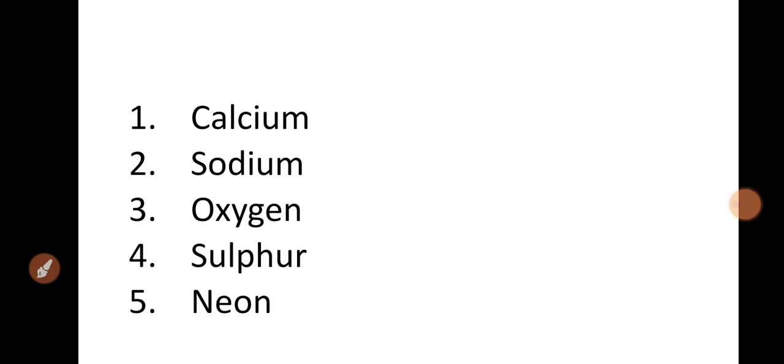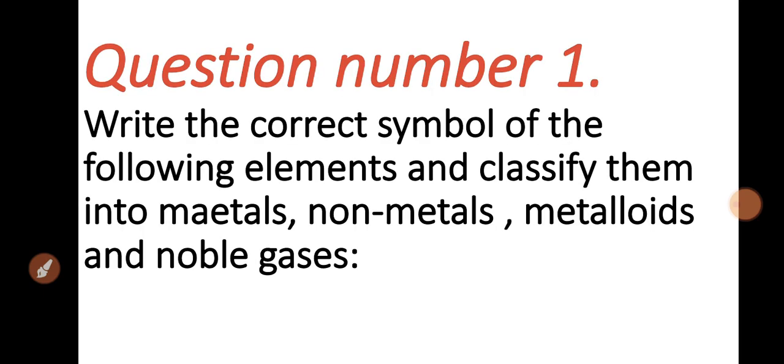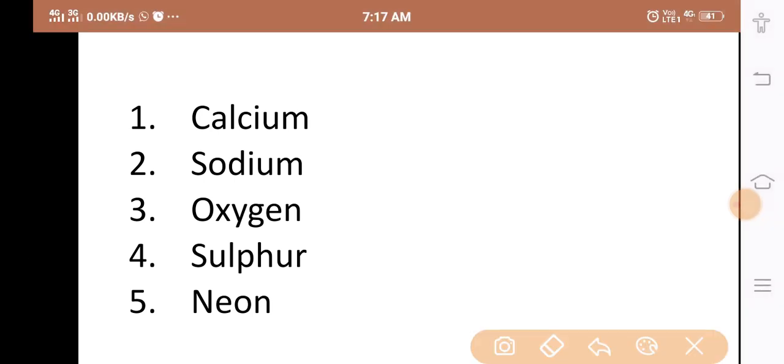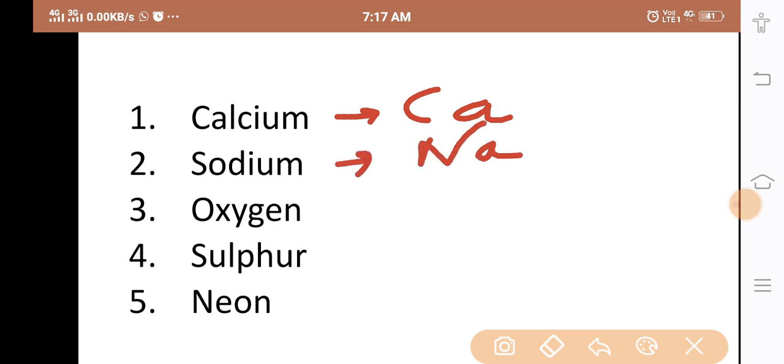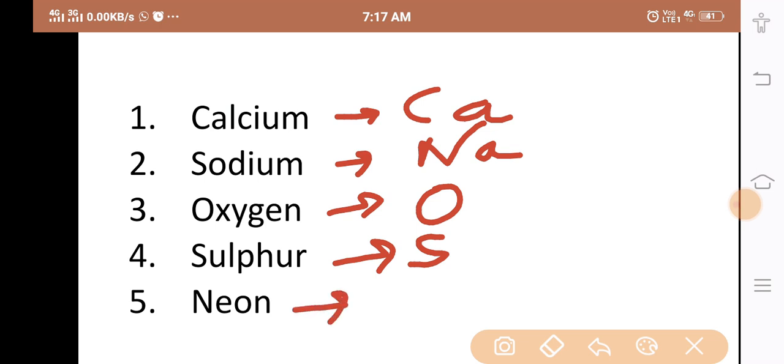This is calcium, which has the symbol Ca, sodium Na, oxygen O, sulfur capital S, neon Ne.